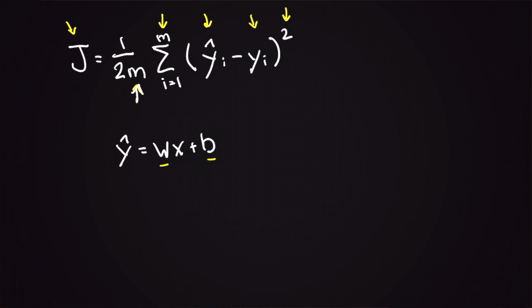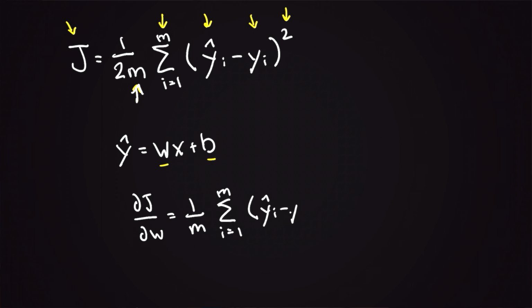The first partial derivative, del J del w, is equal to 1 over m times the sum from i equals 1 to m of (y hat sub i minus y sub i) times x sub i.